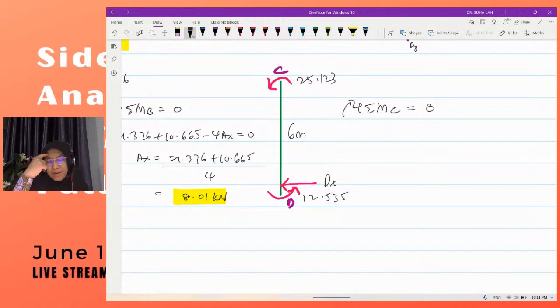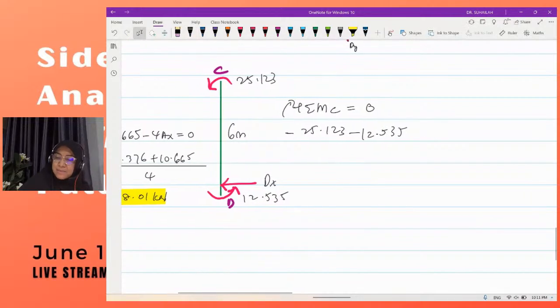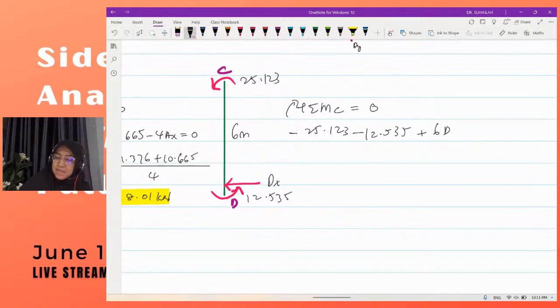The sign convention here is clockwise, so we get negative 25.123 minus 12.535 plus 6 dx equal to 0. Actually, you don't have to rewrite and show all this. This is just to show you. For the calculation, just give the answer.